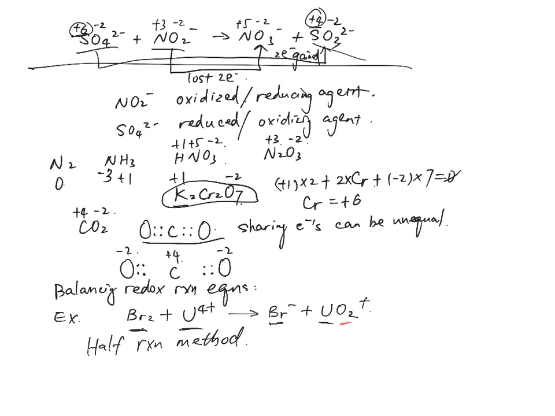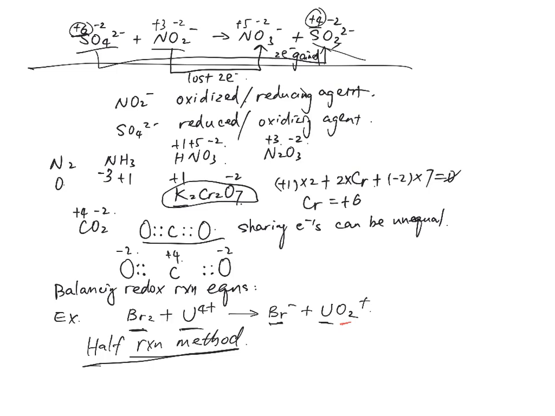But why don't you use another method? Why are you focusing on this half reaction method? Couple reasons. Number one is that although this method, the half reaction method, is a little longer than the other method that I know, this one is very, very organized.